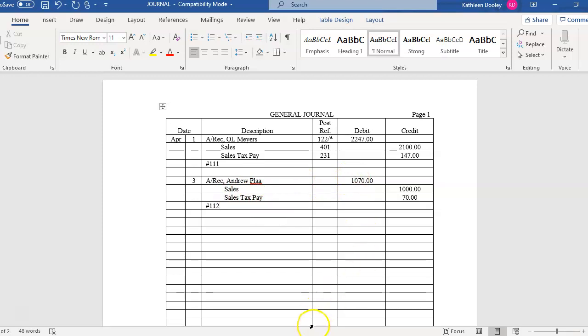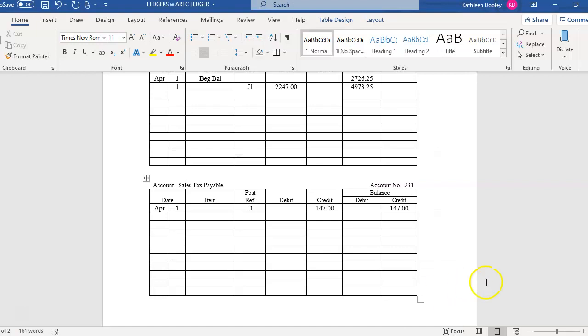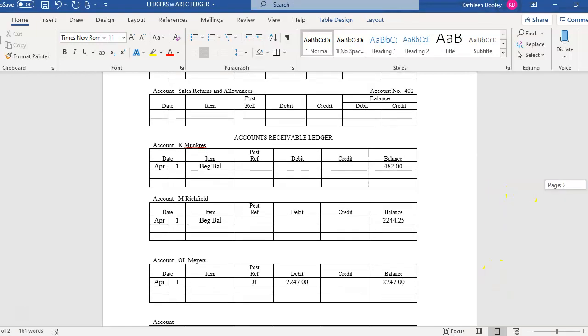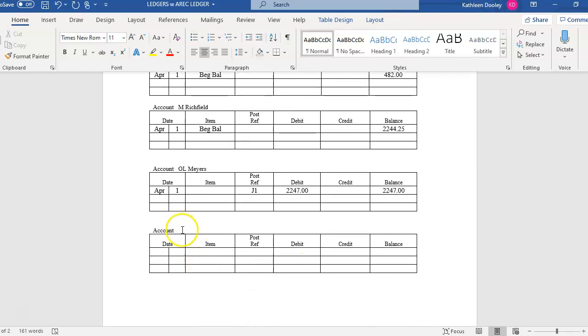Okay, so we're going to go into our ledger. Here, we got to find our accounts receivable ledger. Okay, we need Andrew Play. We don't have one, so we'll set one up. Andrew Play. And we copy the date, which is April the 3rd.